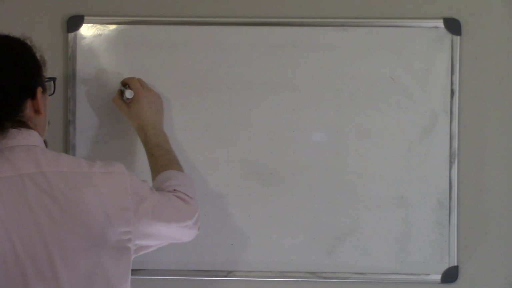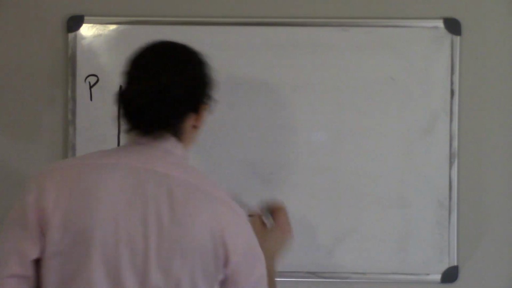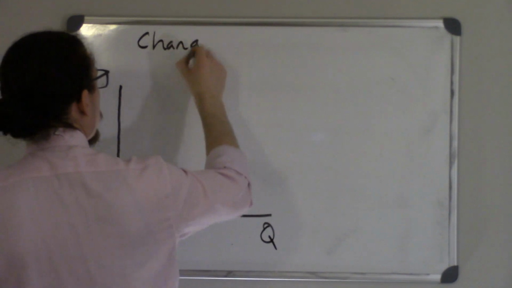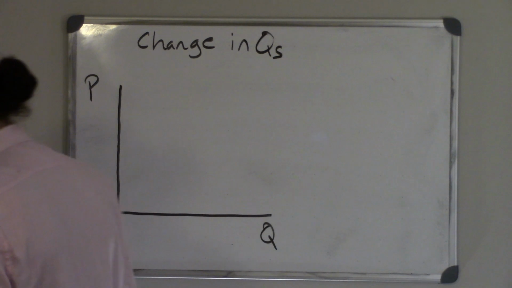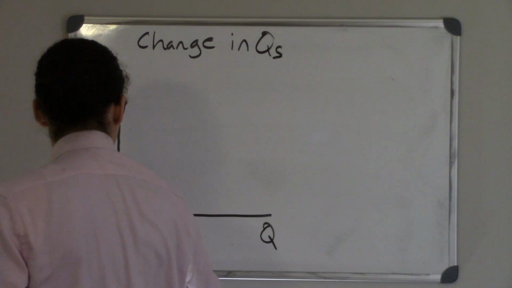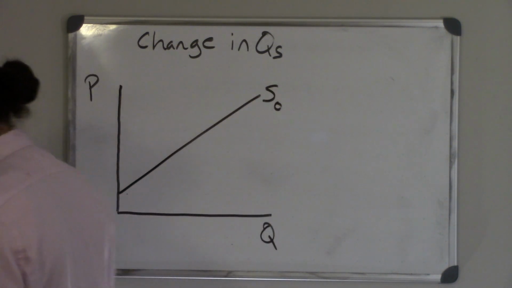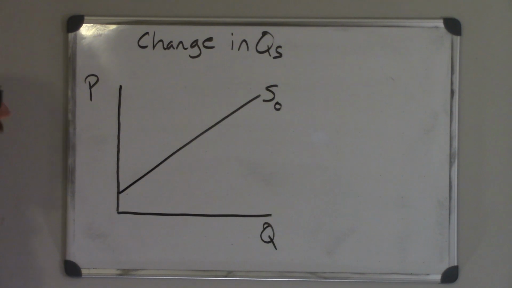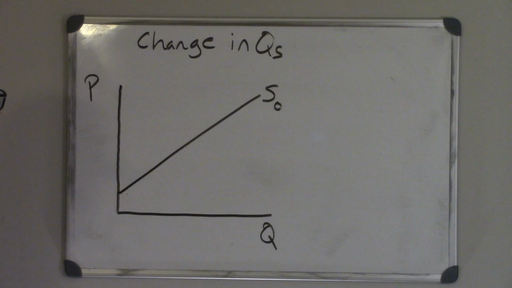So when we are talking about a change in, let's actually start with a change in quantity supplied. All right, so with our change in quantity supplied, we're starting with this stock supply curve, right?